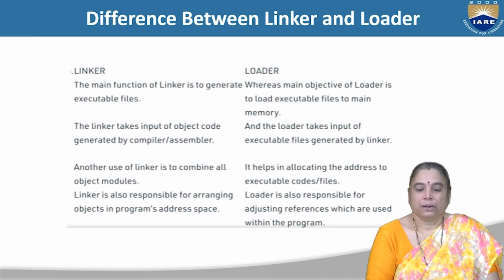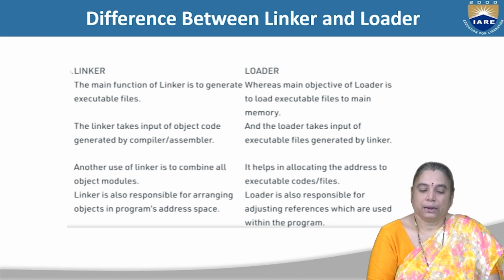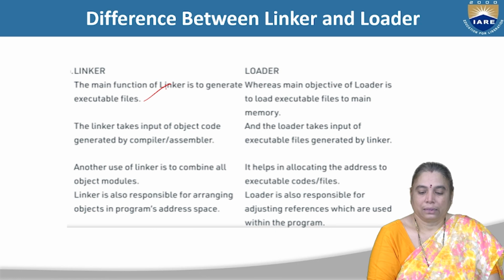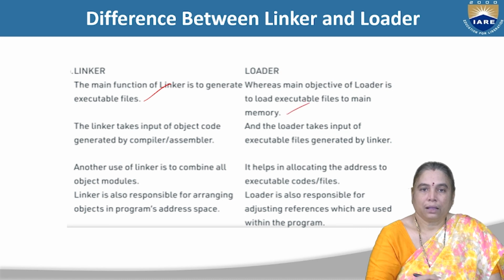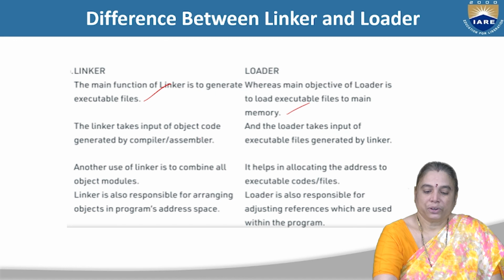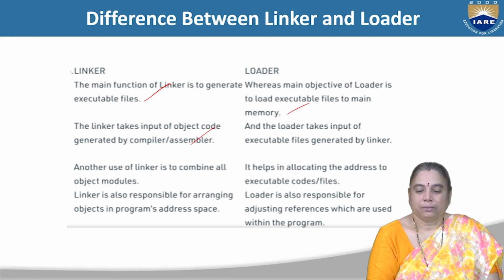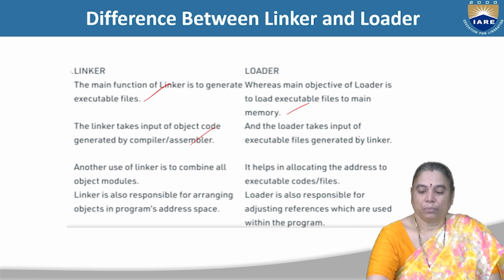Now we'll see what is the difference between this linker and loader. The main function of the linker is to generate the executable files, whereas the main objective of the loader is to load the executable files in the main memory. The linker takes input of the object code that is generated from the compiler and the assembler. And the loader takes input of the executable file generated by the linker.